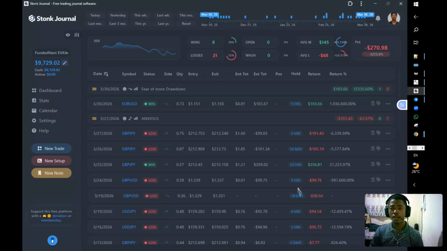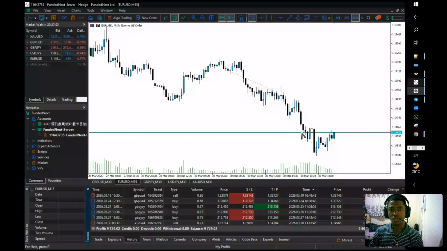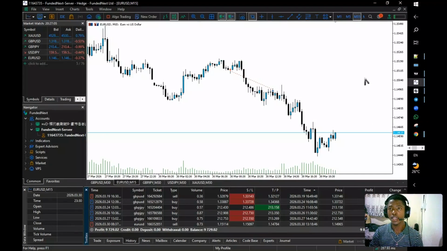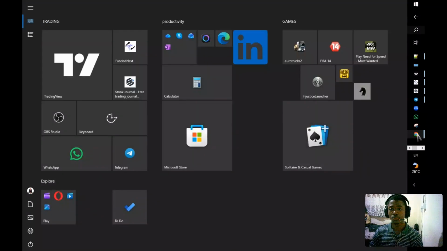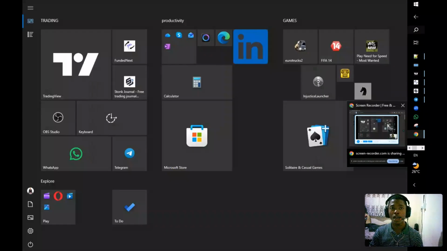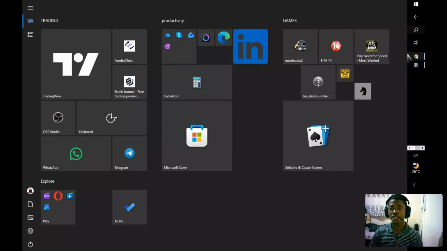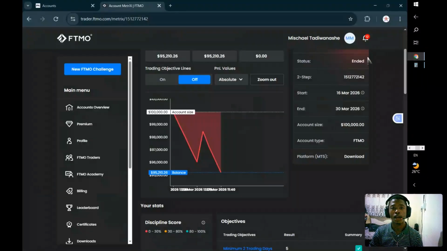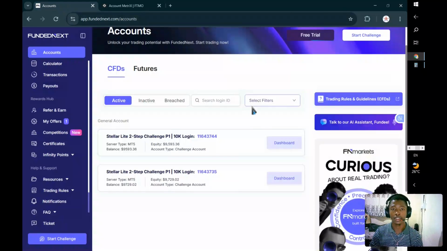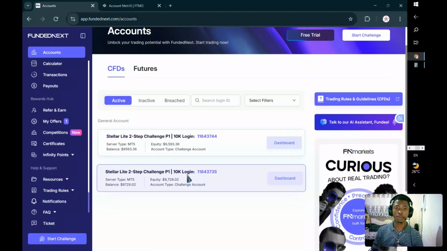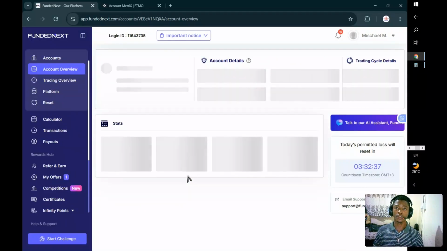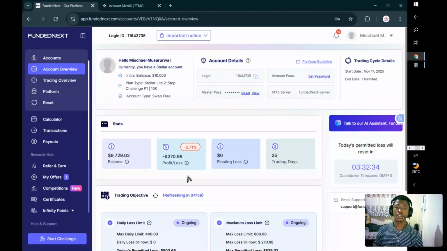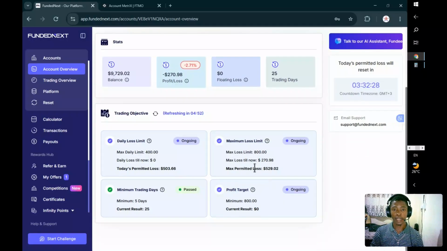So this is it, guys. This is the FundedNext, and I have not yet taken any payout with FundedNext, because I told you this is the same account which I was trading since last year. I have 2 accounts. I do not trade them all at once. The other account, I just put small positions so that the account is not closed. But this is the same account.